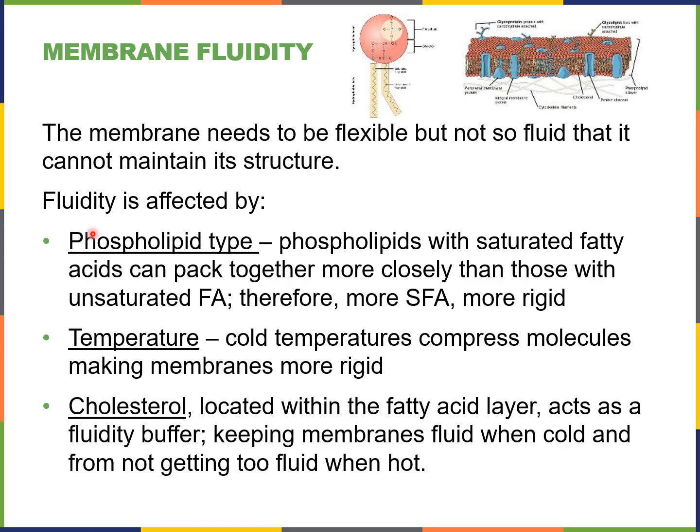There are three main factors that affect membrane fluidity: phospholipid type, where saturated fatty acids, or SFA, make the membrane more rigid, and the unsaturated fatty acids create more fluidity because they do not get packed as tightly as the saturated fatty acids.